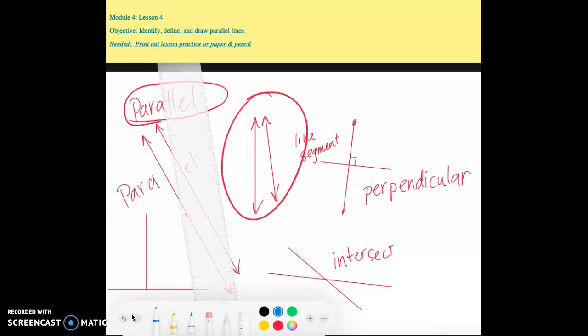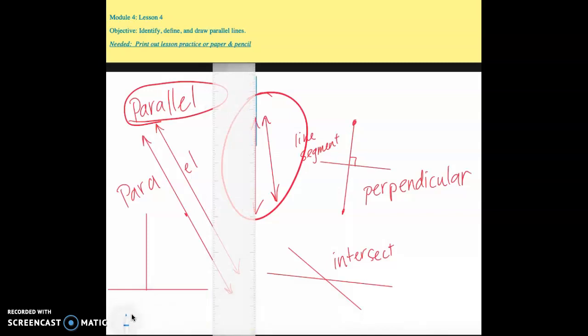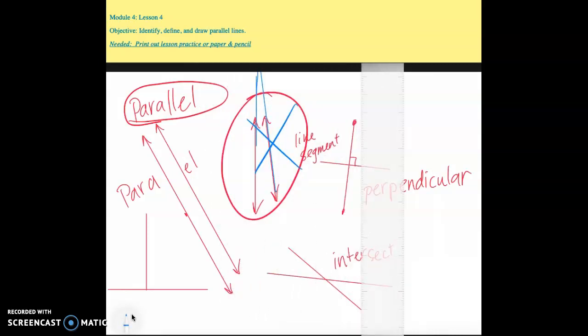No, they're not. Because if they kept going in the same direction, let's just show you what it would look like. Eventually, would they intersect? Well, yes, because you can see they're getting closer and closer towards the edge. They would intersect. So those are not parallel. They have to be the same distance apart continually. They can't be getting any closer and closer.